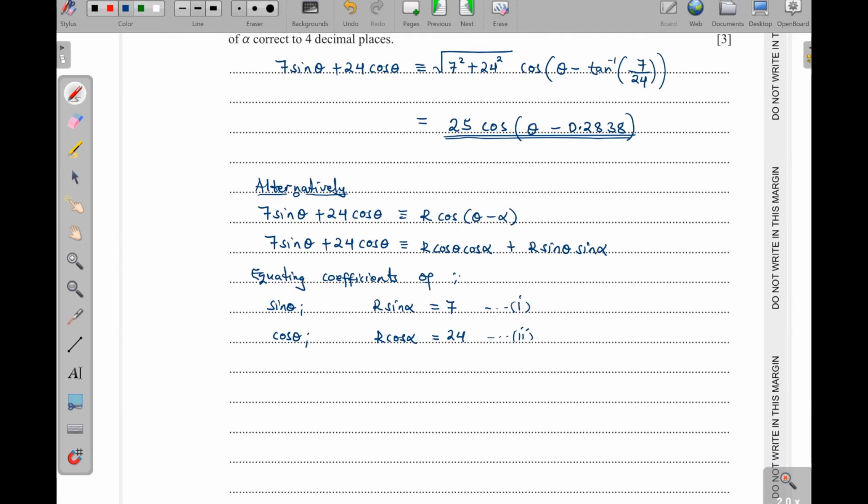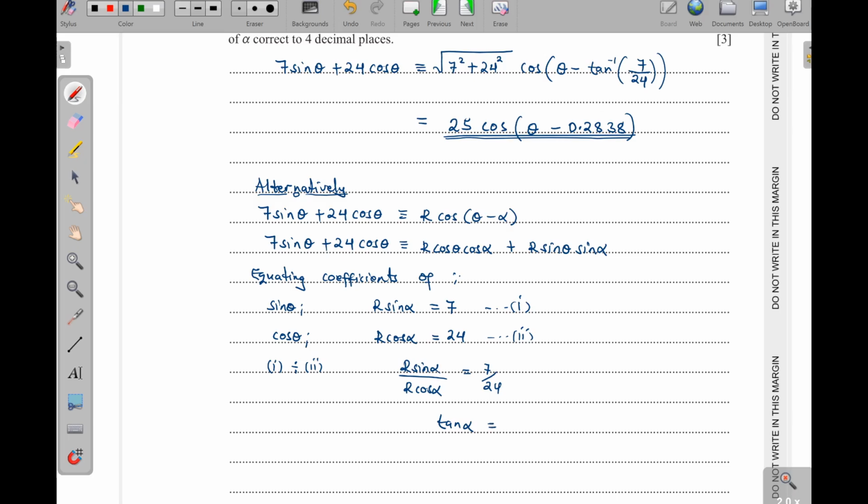If I take equation 1 and divide by equation 2, we shall get r sine alpha over r cosine alpha equal to 7 out of 24. The r will disappear, and sine over cosine is tan.